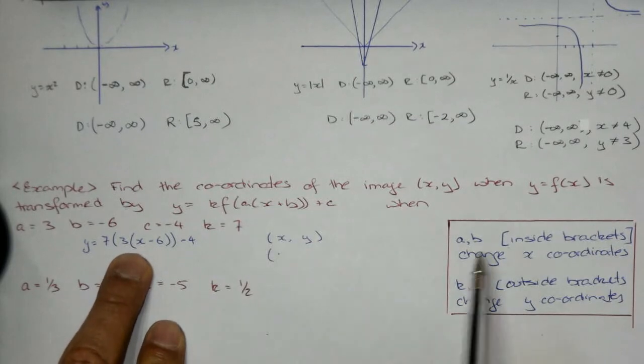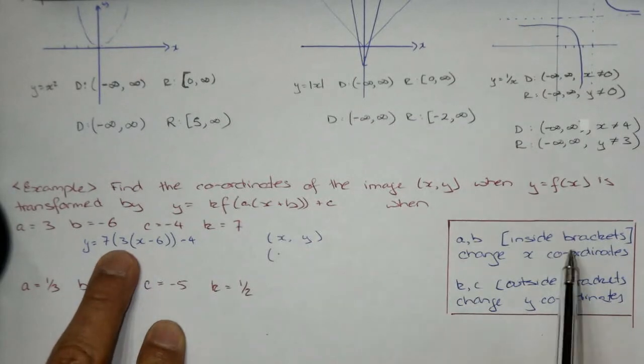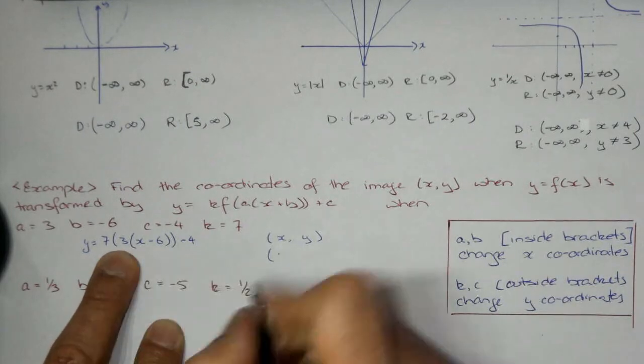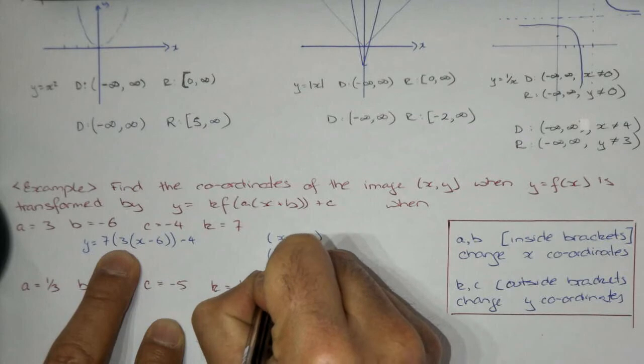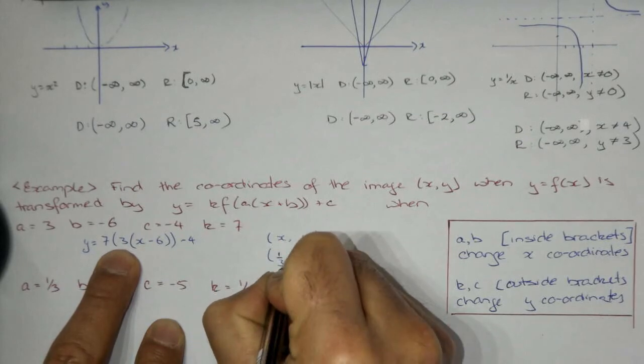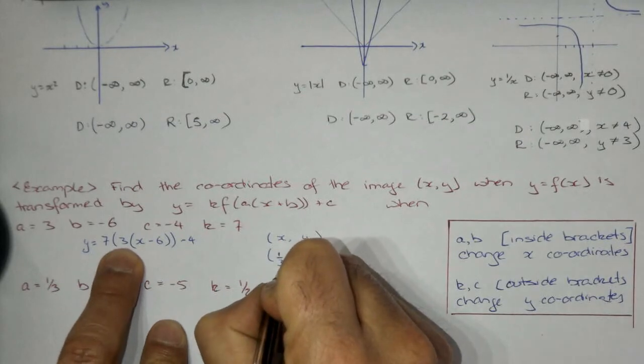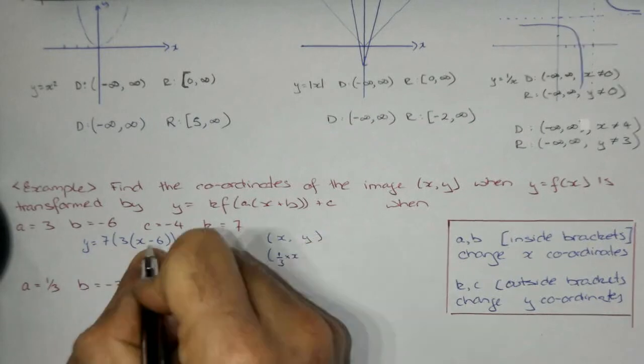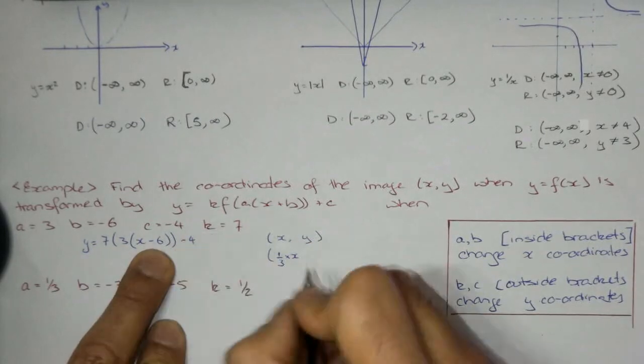The inside stuff, the a and the b, will change the x coordinates. Remember it's a scale factor of a third, so it's going to be a third times x, and then I'm going to add 6 to this.